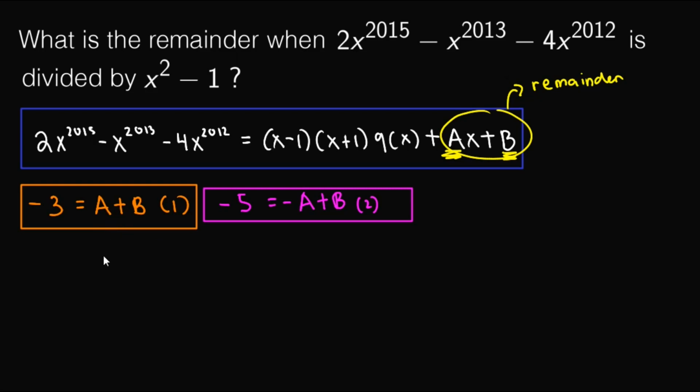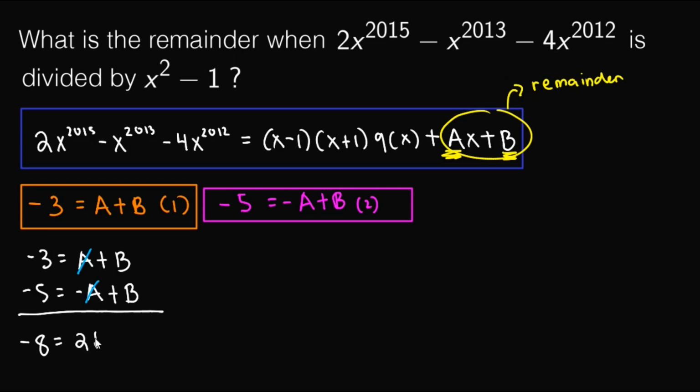So doing that, we have negative 3 equals a plus b plus negative 5 equals negative a plus b. So negative 3 minus 5 will give us negative 8. Then this cancels, and we'll be left with 2b. Dividing both sides, we obtain b equals negative 4.